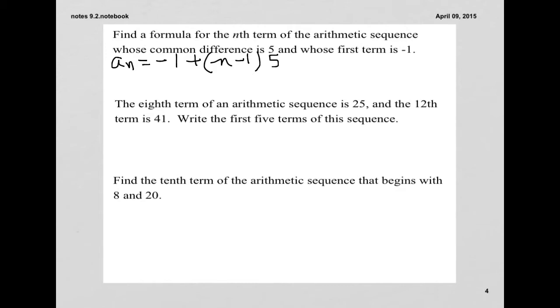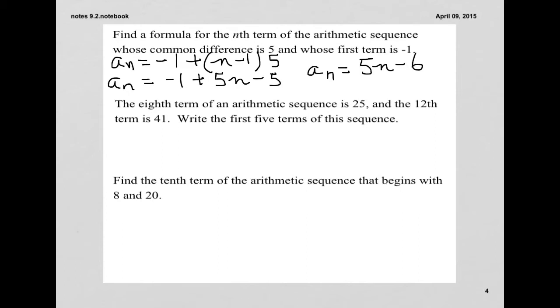That gives me a sub n equals negative 1 plus 5n minus 5. All I did was distribute the 5. Now all I need to do is clean everything up, collect like terms, and I get my arithmetic sequence to come out to be a sub n equals 5n minus 6.